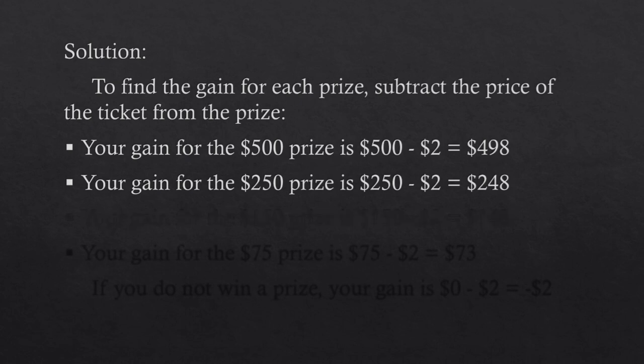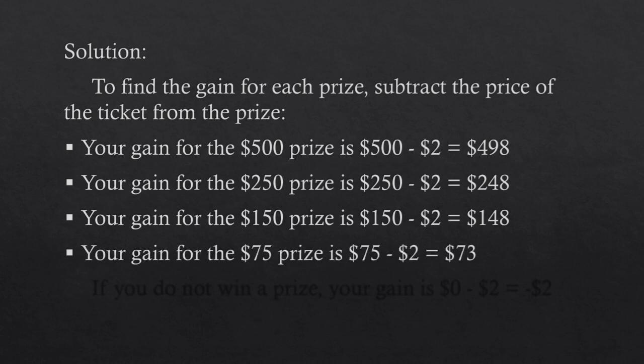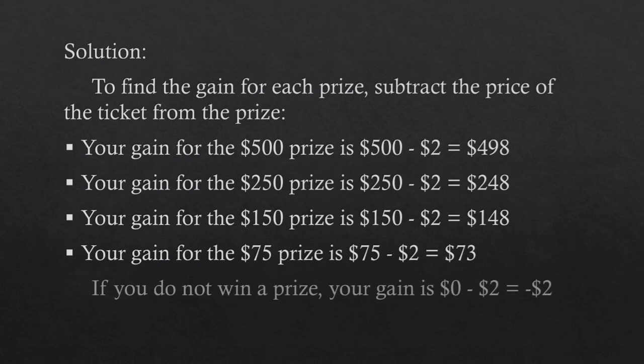Third, your gain for the $150 prize is $150 minus $2, which is $148. Fourth, your gain for the $75 prize is $75 minus $2, which is $73. If you do not win a prize, your gain is $0 minus $2, which is negative $2.